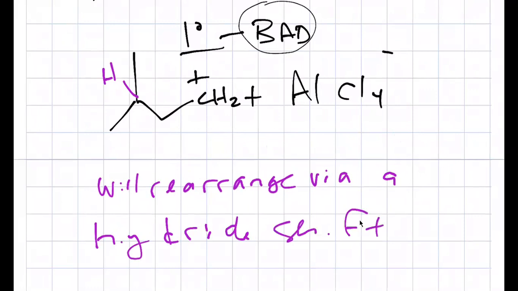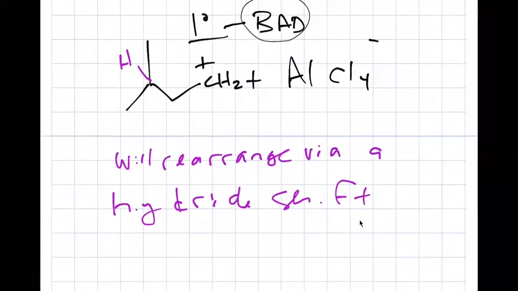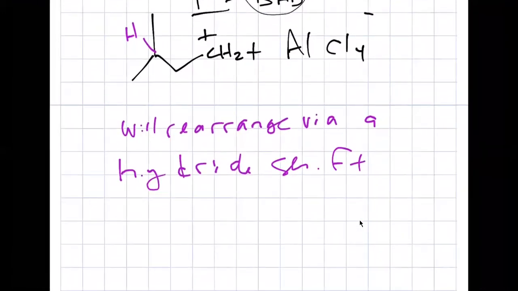Why do hydride shifts even happen? Why do these rearrangements even happen? To make a stable carbocation. Yes, it's all about stability. You go from a less stable carbocation to a more stable carbocation. So this is CH2, and that's going to be positive. I'm going to take the hydride from the carbon next door.